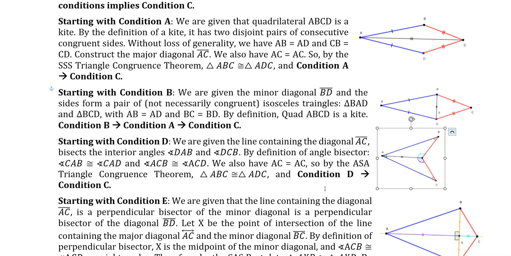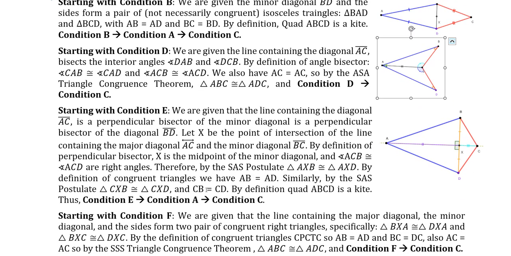So far we have conditions A, B, and D each imply condition C. They imply we have these congruent triangles. How about if we have condition E? What's condition E? We're given the line containing the diagonal AC is a perpendicular bisector of the minor diagonal. So this line AC perpendicularly bisects the minor diagonal BD. So what do we know? We know that BX and DX are congruent.